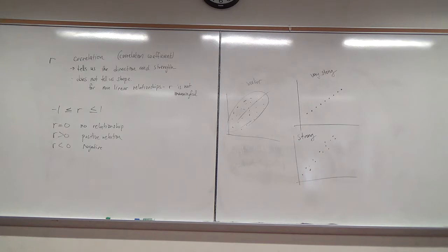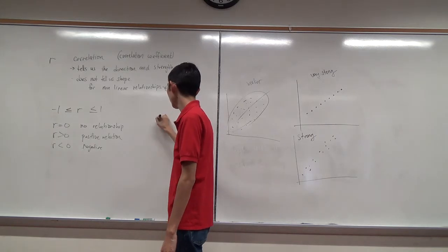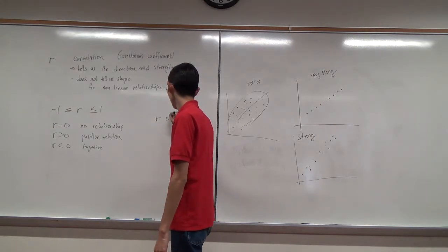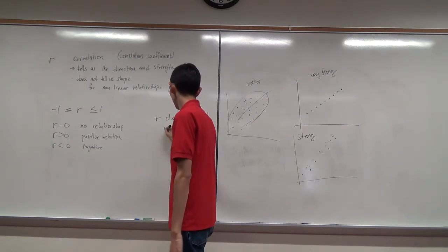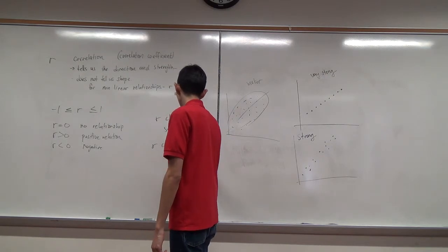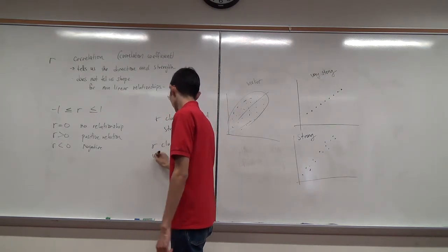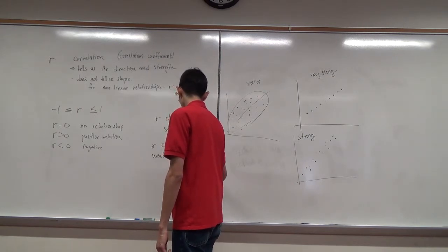The sign of R is the sign of the relationship. If R is close to 1 or -1, you have a strong relationship. And if R is close to 0, you have a weak relationship.